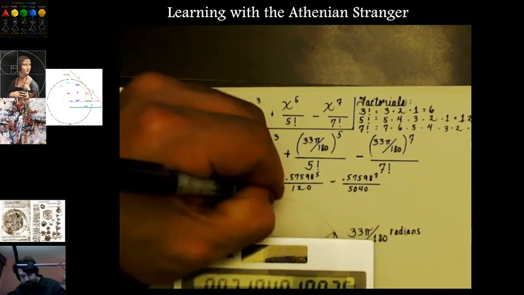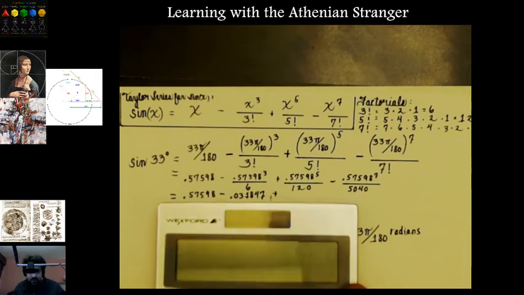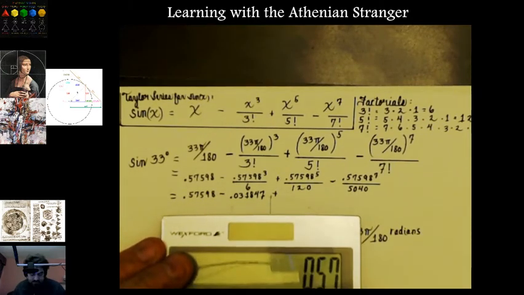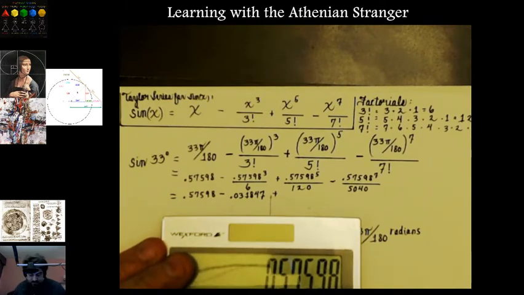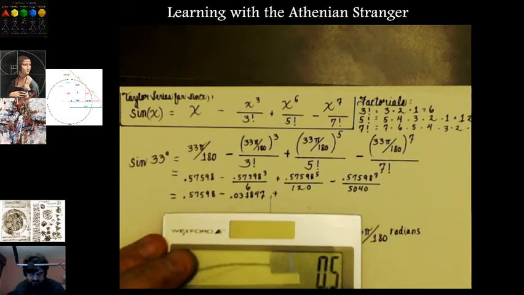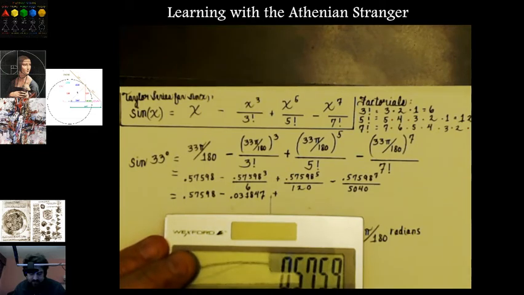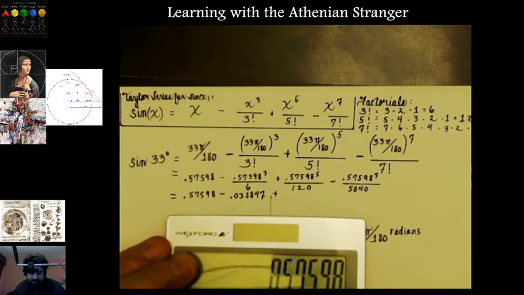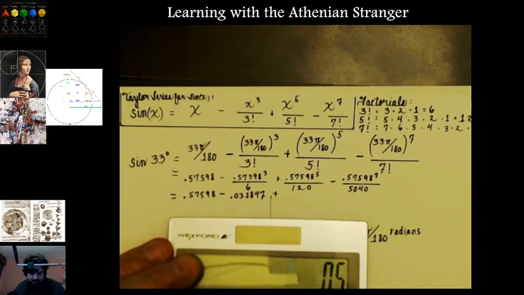All right, plus. Now we're going to do 0.57598 raised to the 5th. So let's just keep that in mind. Now we're going to do times 0.57598. That was 2. 0.57598. That was 3. 0.57598.